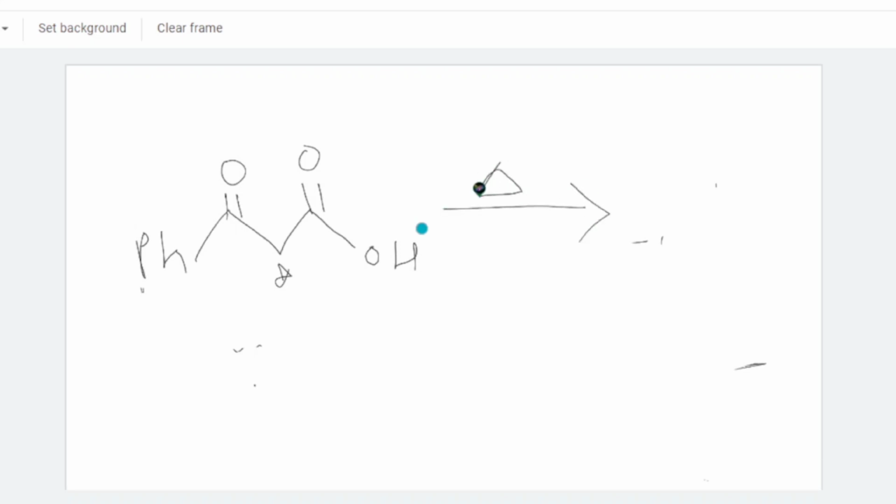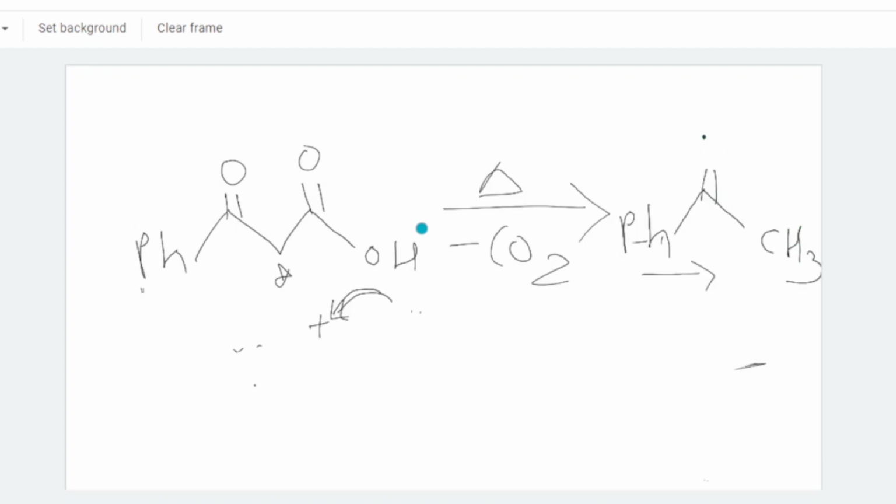When heat is given, decarboxylation will happen, so you will get the product. So this will be the labeled carbon.